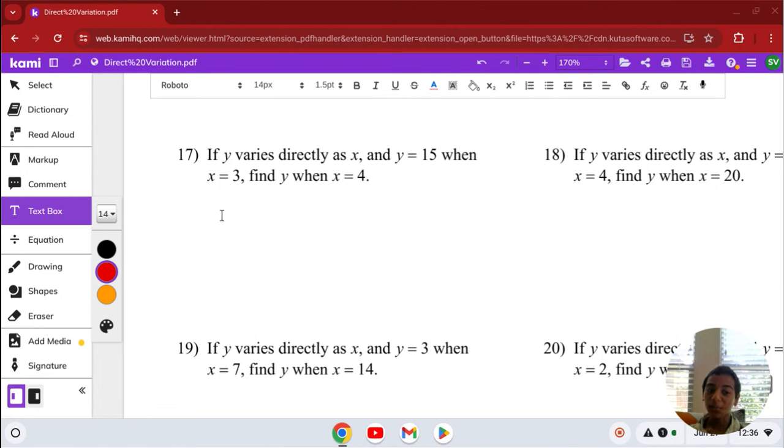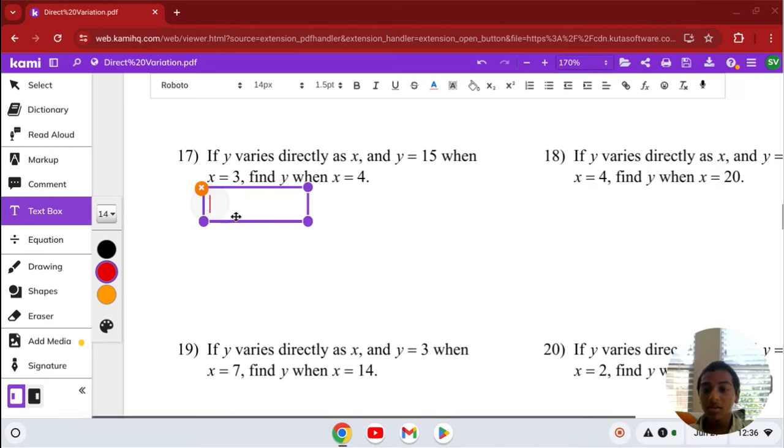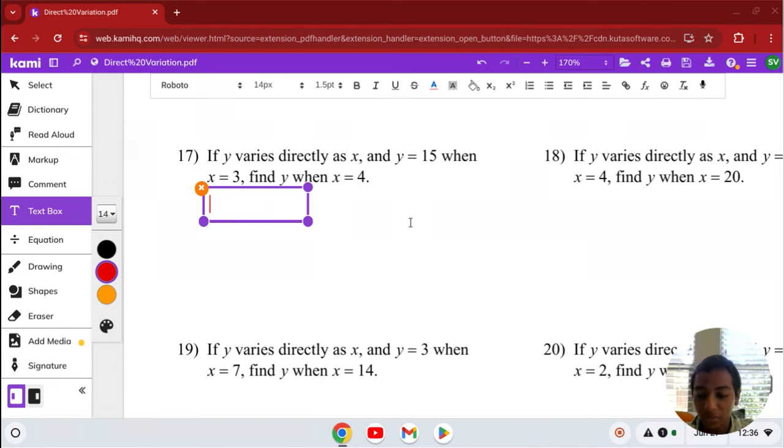Here, let's set up a proportion, because to get from 3 to 4, it's going to be pretty decimal. So 3/15 equals, we're finding y when x equals 4, so 4/y. 3/15 is the same as 1/5, or 0.20 equals 4/y.